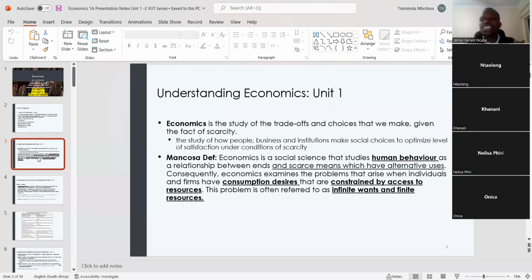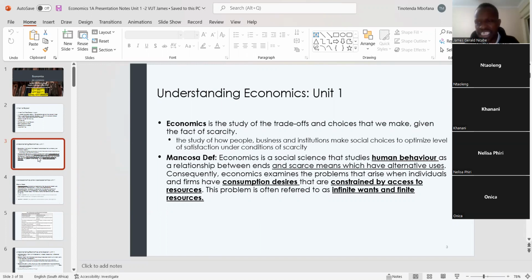So we say that economics is the study of human behavior, the study of the interactions that happen as people make those different choices. And we said they make these choices because resources are limited, but what people want is unlimited.